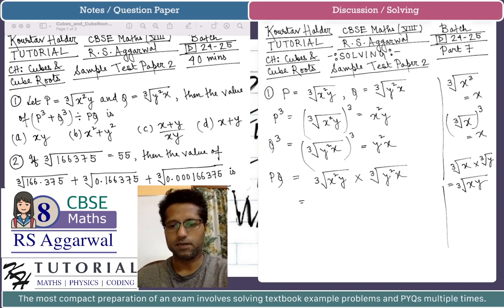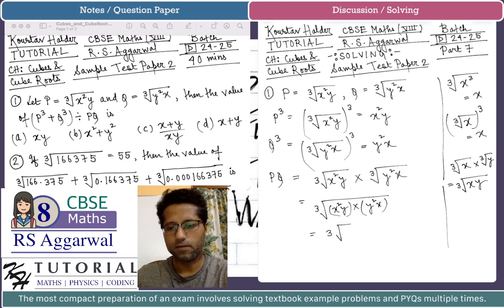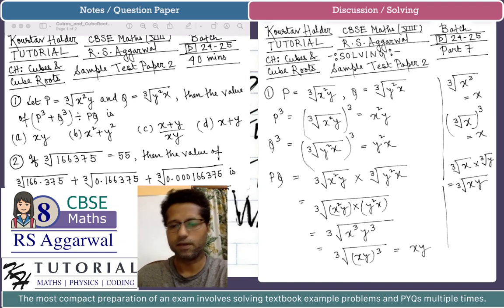So PQ will be equal to cube root of x square y multiplied by y square x. If we simplify the expression inside the cube root, we have x cube and y cube. This is equal to cube root of (xy) whole cube, and this is equal to xy.